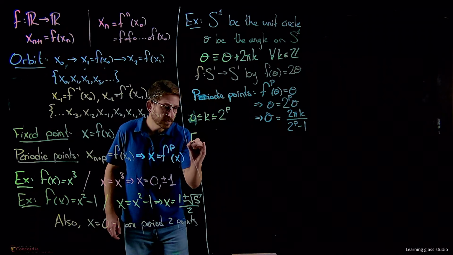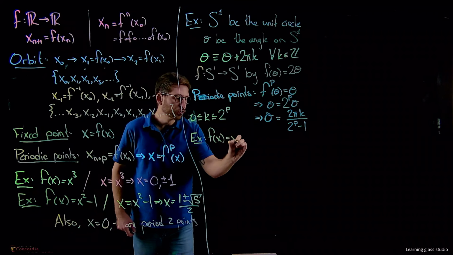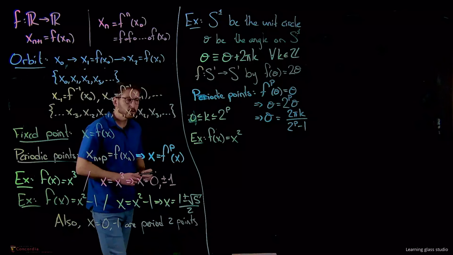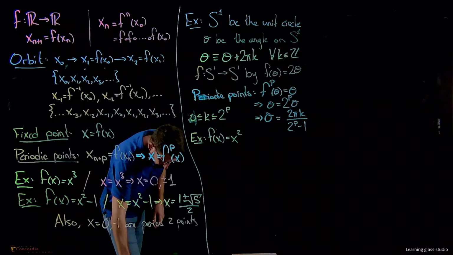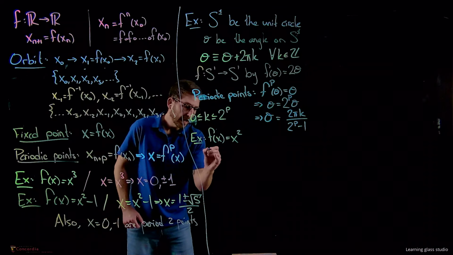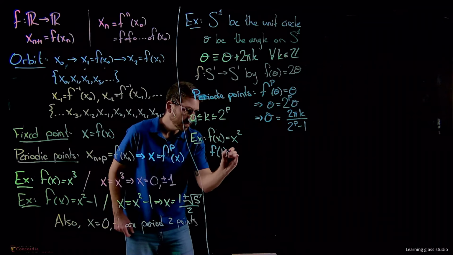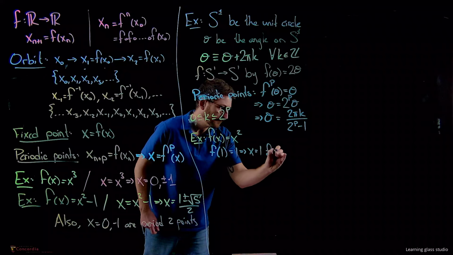Let's look at another example. I really want to drill examples here. Let's go back to the real valued mapping x squared. In this case, f of 1 is equal to 1, which implies x equal to 1 is a fixed point.